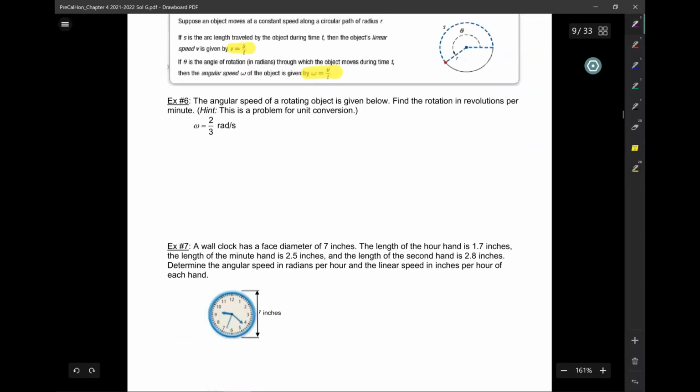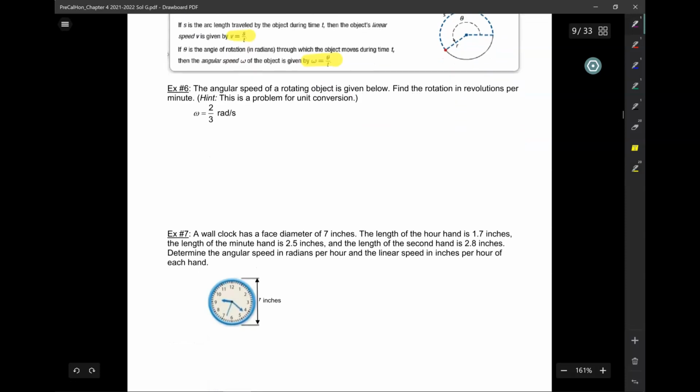Now this problem says we are given the angular speed of a rotating object. What we want to find is the rotation, which is the same as the angular speed, in revolutions per minute. What we're given here are units of radians per second. We want units of revolutions per minute.